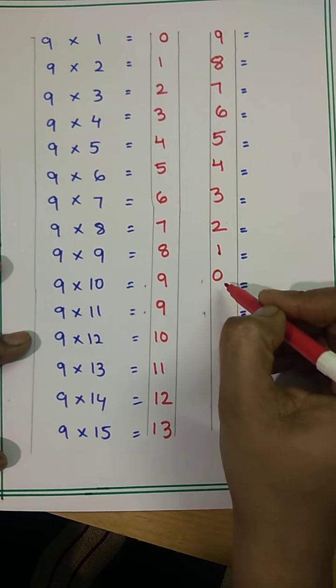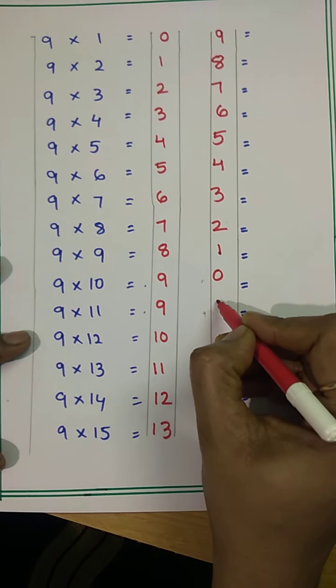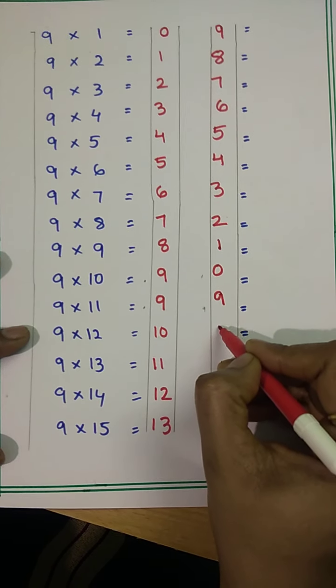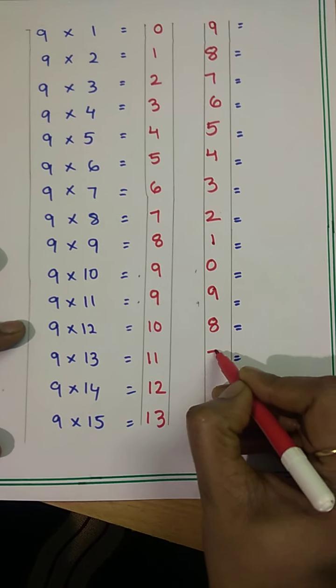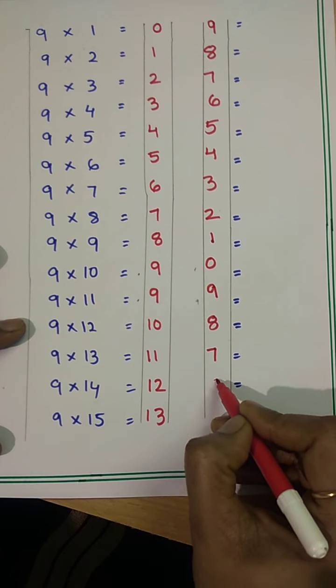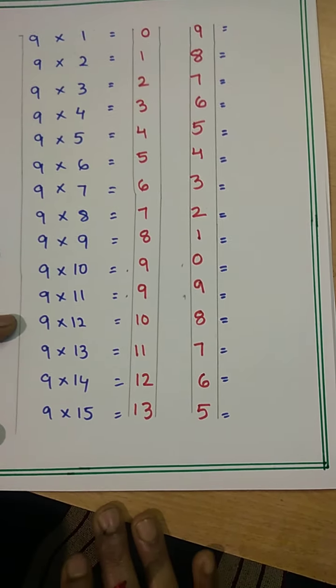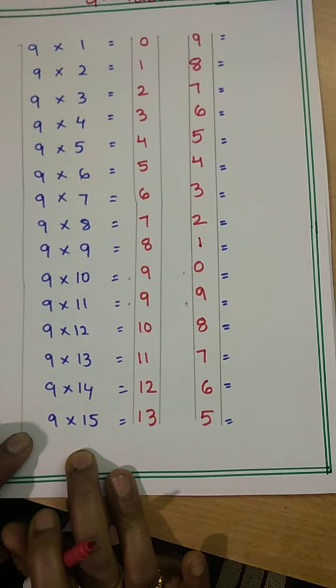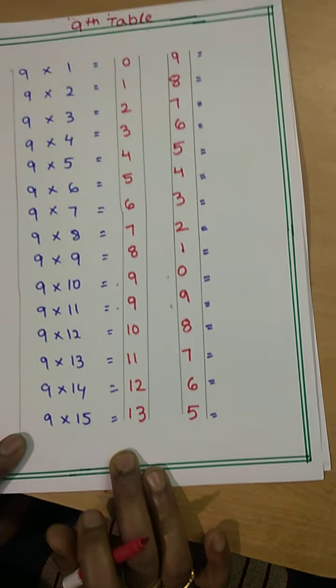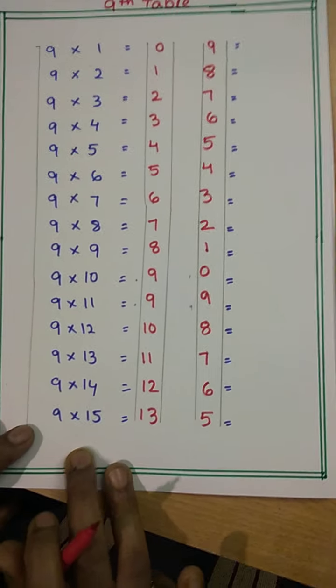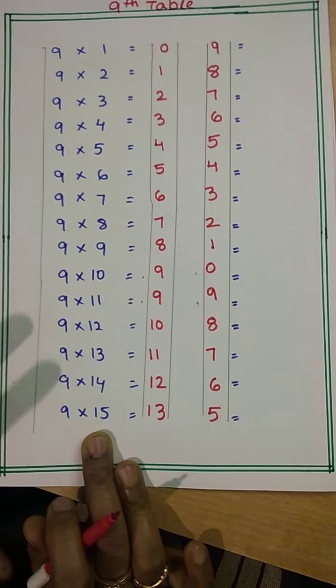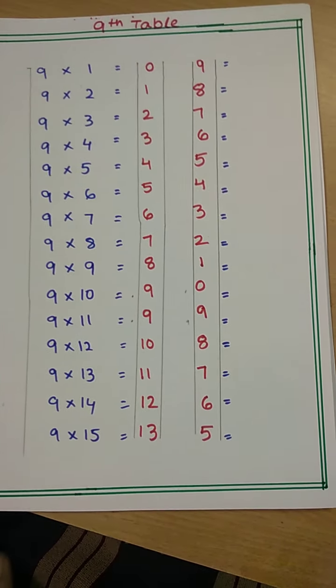So we have completed up to 0. Again we need to start from 9 onwards: 9 8 7 6 5. You can write more than this also, but I have written up to 15 only. If you want to write more than that, you can try. The logic is the same.